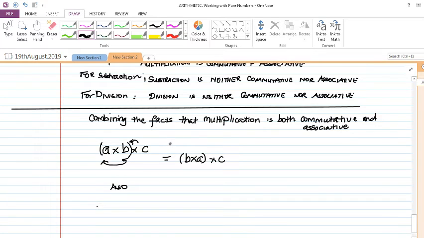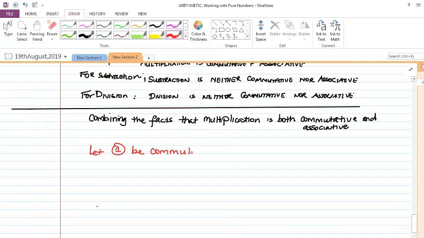So let's just take this off and let's write a nice symbol. I will let this circle with 1 be the commutative property. And then let 2 be the associative property of whatever operation we're talking about.